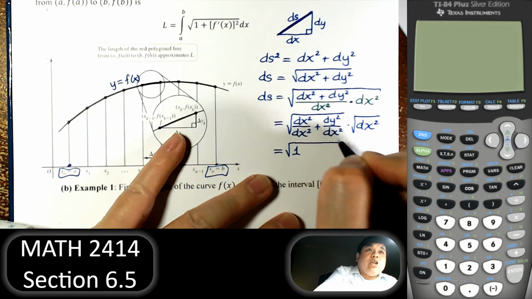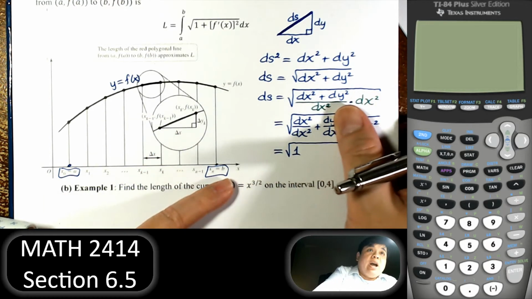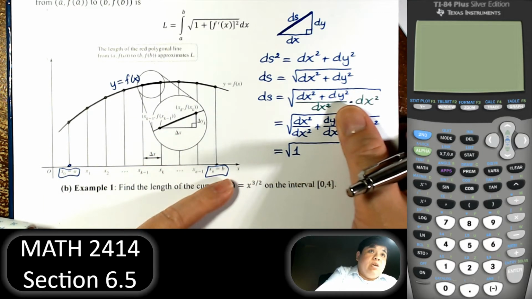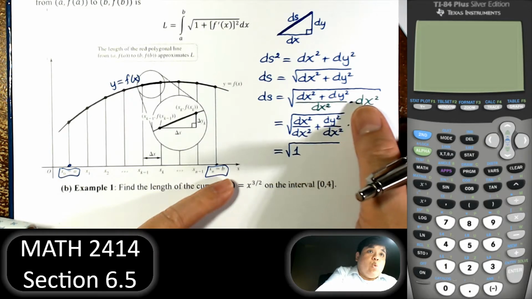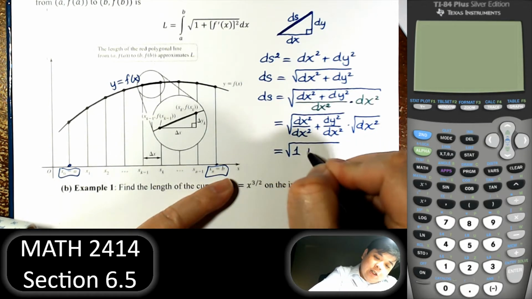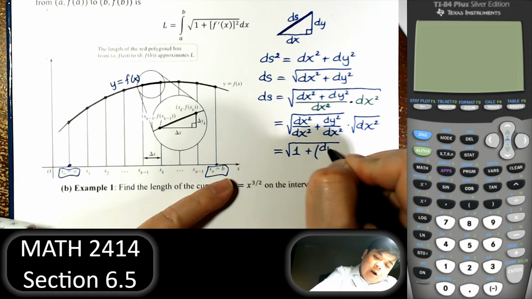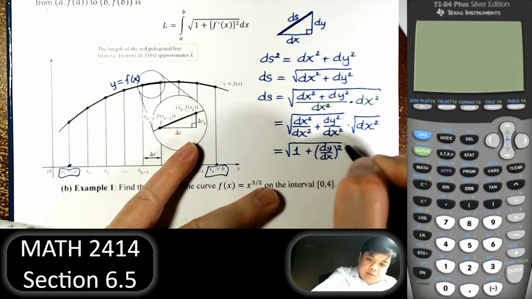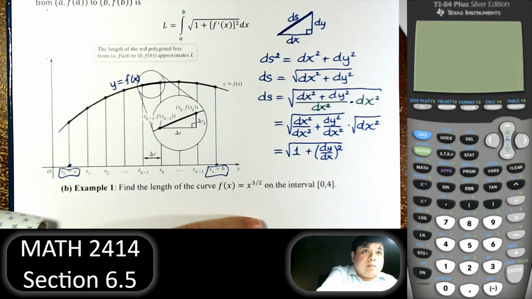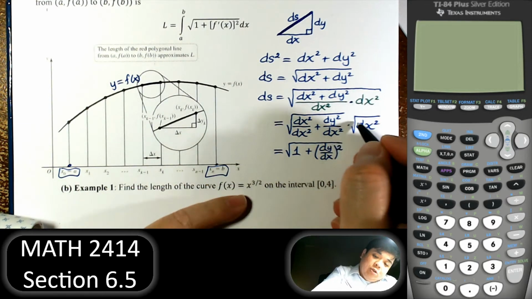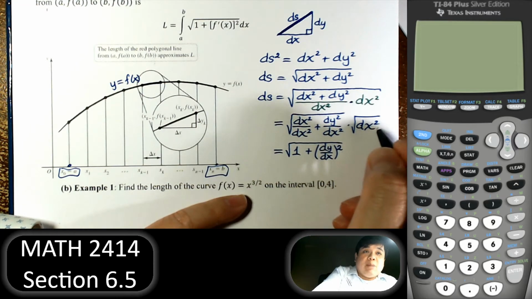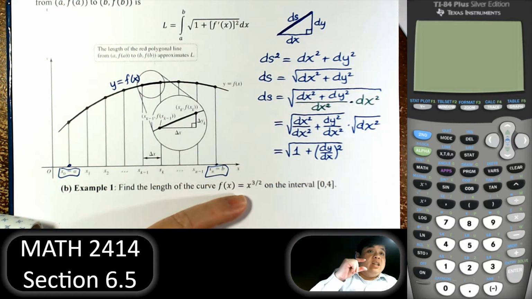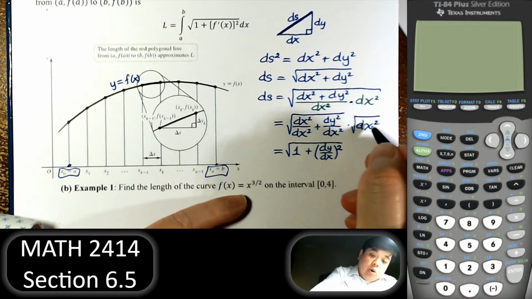Now dy square over dx square. Without the square, dy over dx is the derivative, and now we just have the square. So we can just say dy over dx squared, and then square root. Usually it is absolute values, but if we consider dx to be positive, then we don't really need absolute values.